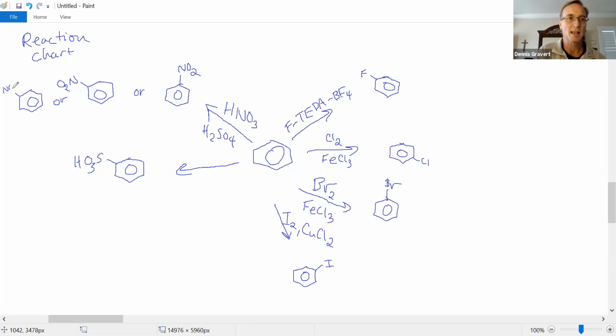There are days when I like seeing NO2 drawn NO2. And there's other days where I'm like, which atom is attaching to the ring? The nitrogen is in nitro. So then I'll draw benzene, put the N there, and then I don't want to put O2 on the right because it looks like the oxygens are attached to the ring, but they don't, right?